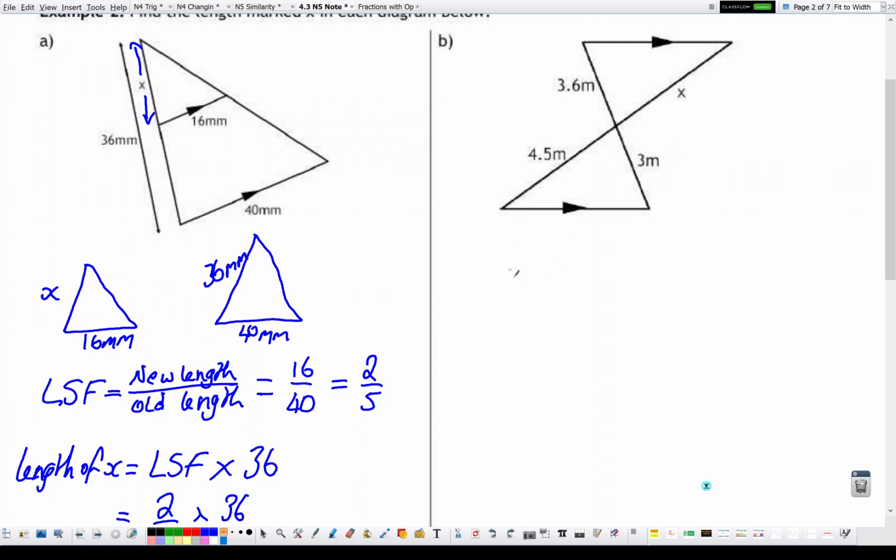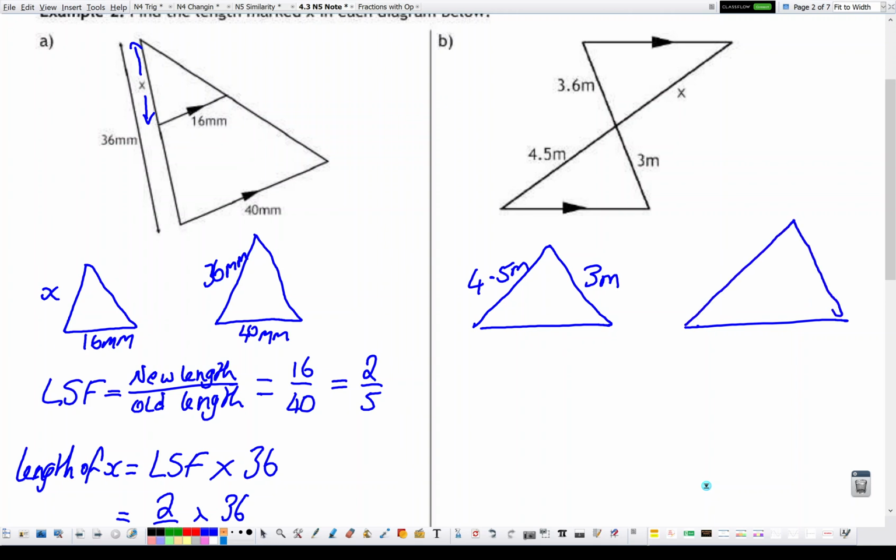So we're going to start by drawing the one on the bottom, which is going to be here, here, and here, and that is 3 meters, and that is 4.5 meters. And imagine rotating that one on the top. So I've got the long side along there. I've again got that sloping line there and down there. So if I rotated that 180 degrees like that, this side would match up with this 4.5.